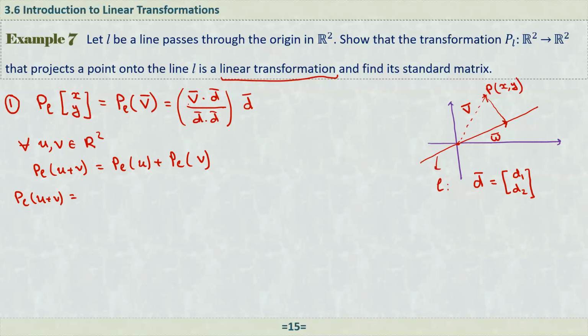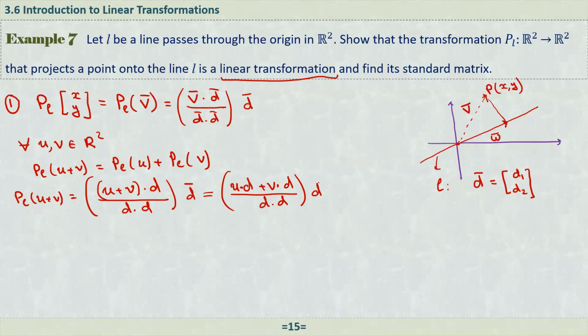Instead of V, here we are projecting U plus V. So we have U plus V dot D over D dot D, times vector D. Using the properties of the dot product, I can distribute this over U and V. So here we have U dot D plus V dot D over D dot D, times vector D. These are all vectors, so put the bar so that you don't get confused with scalars.